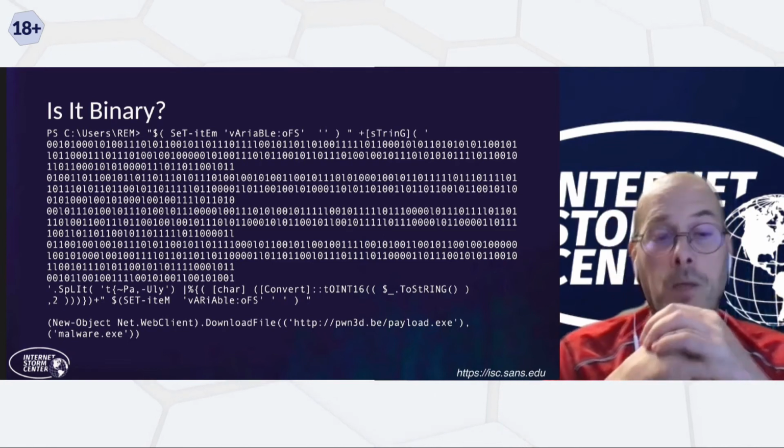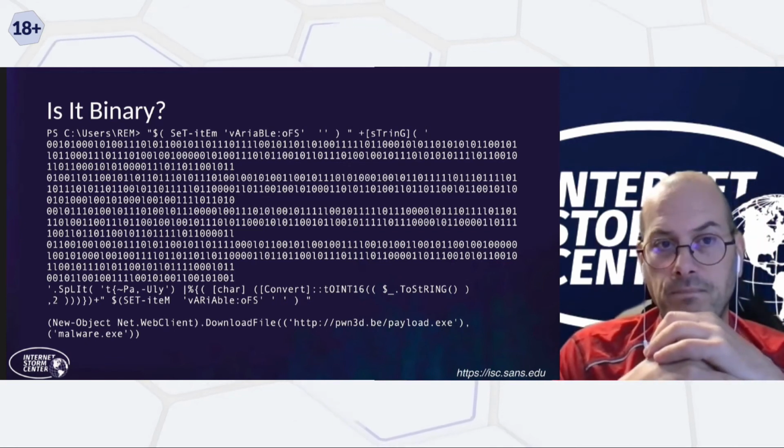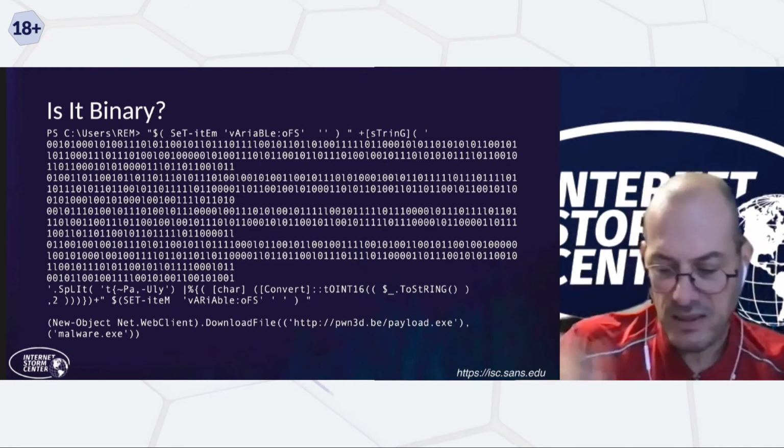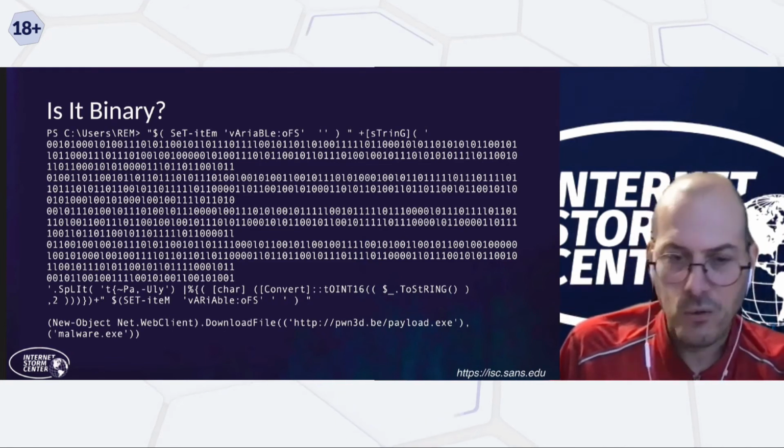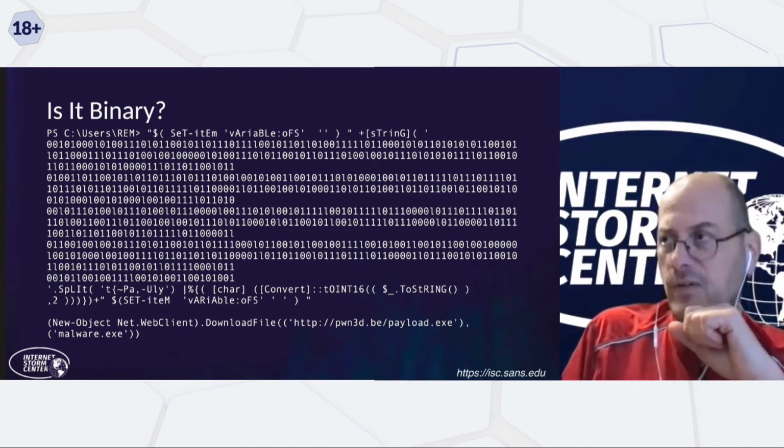The next step probably will be to execute this file from the file system. So keep this in mind: it's not always binary. Read carefully and try to spot interesting stuff in the code.